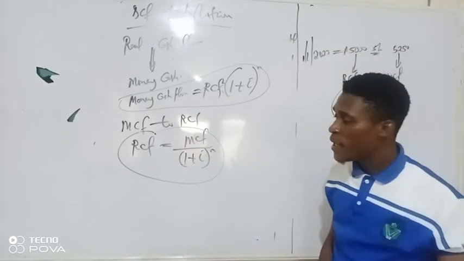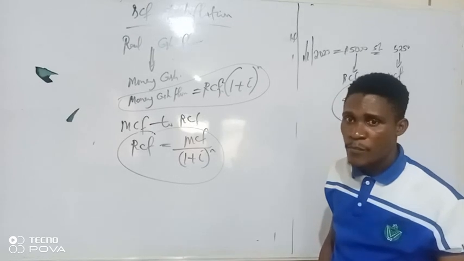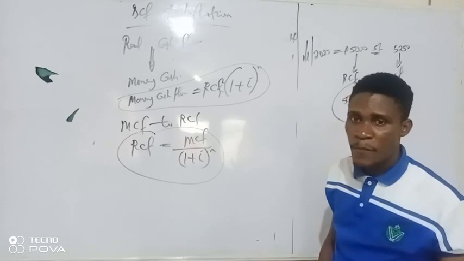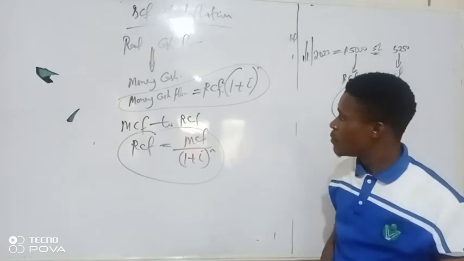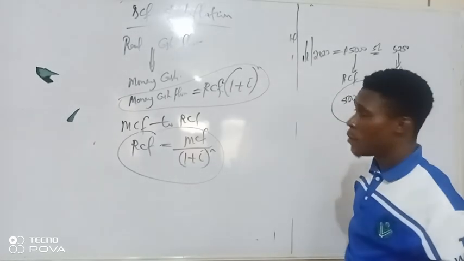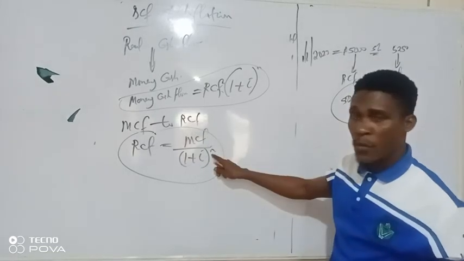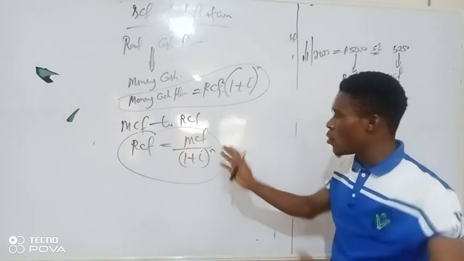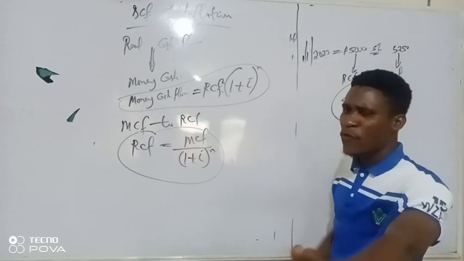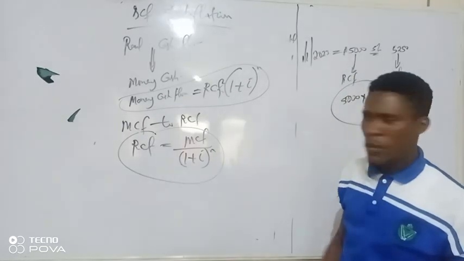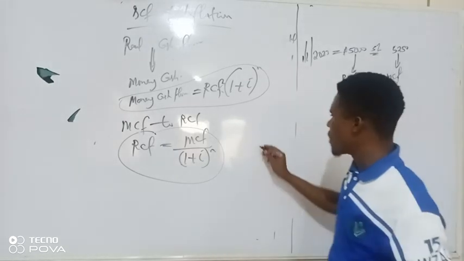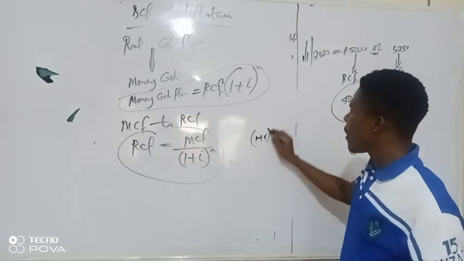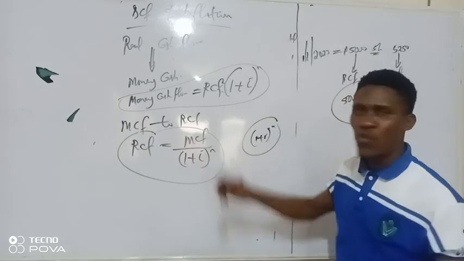This real cash flow looks like the normal compounding factor. Is it possible we do minus n? No, in that case you are turning it into the discounting factor.